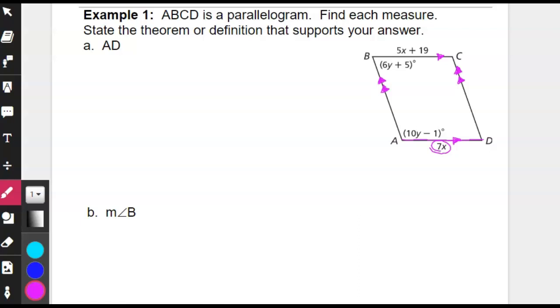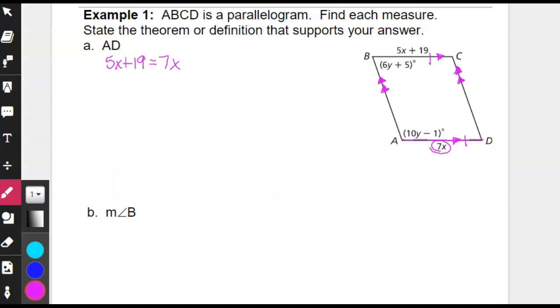Well, we know from the very first property that we discussed that opposite sides of a parallelogram are congruent to each other. So I can set up an equation, saying that the measures are equal. I would say that the length from B to C, which is 5x plus 19, is equal to the length from A to D, which is 7x.